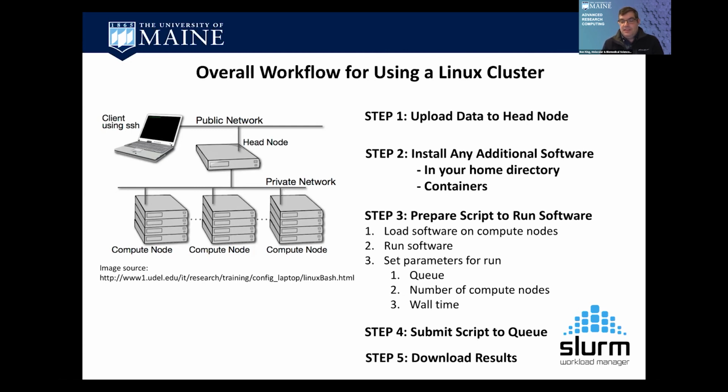And you write these scripts in a syntax that's compatible with the Slurm workload manager system. And that's something that's used not only at TACC, but also OSC. Then you submit your script to the queue and download the results.